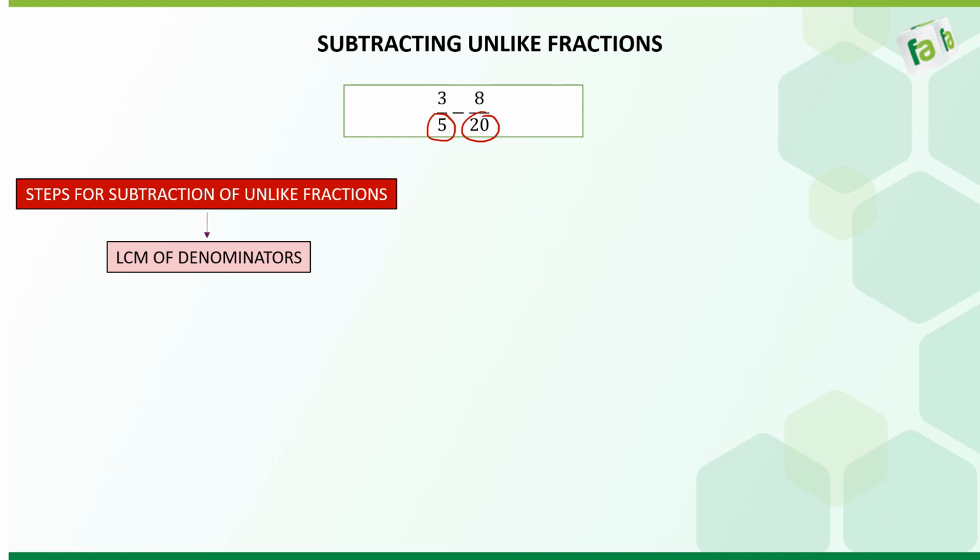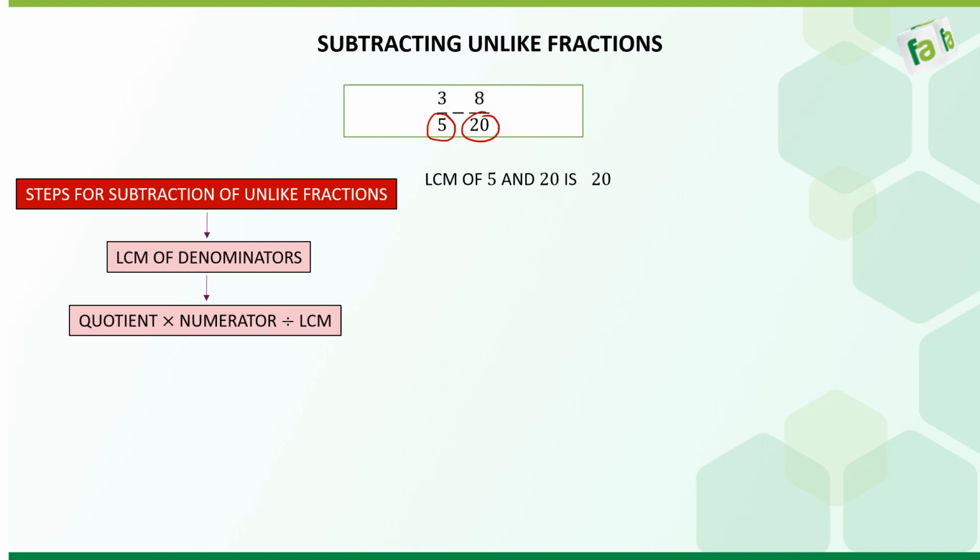Correct. The LCM of 5 and 20 is 20. Our next step is to multiply numerator and quotient and divide them by LCM. Now, we can write the LCM 20 like this.